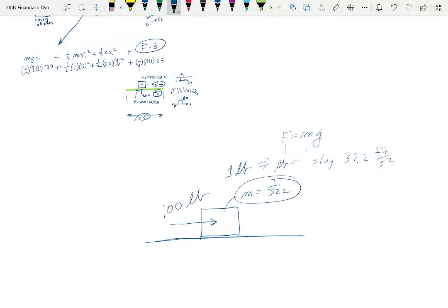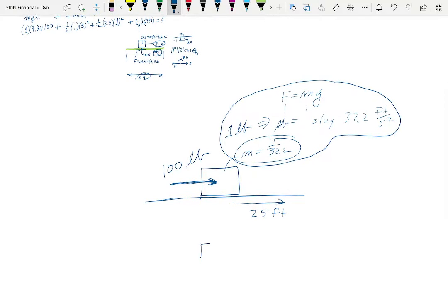That doesn't matter at this particular point, so this is a distraction. I didn't mean to distract you here. This is the important point: you're pushing this block along. It is moving this way. Say it moved 25 feet.